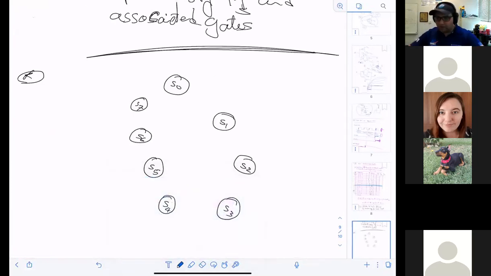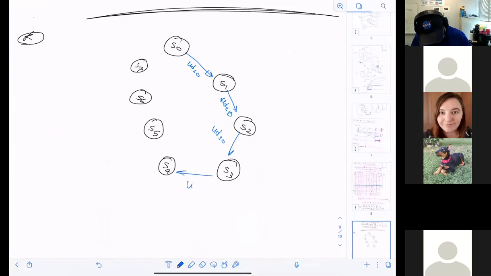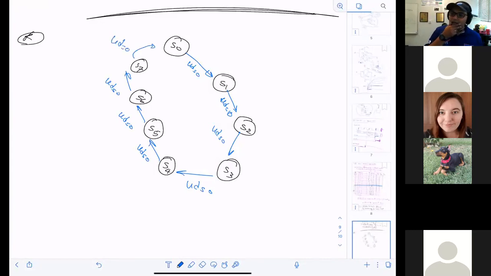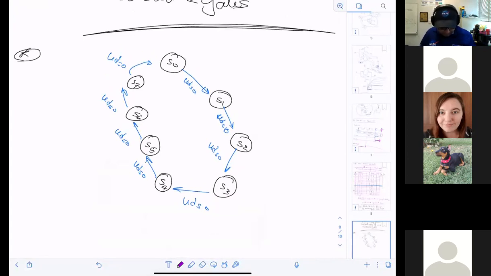Now we're gonna use two different colors. We're gonna make it easy, right? So S0 going to S1 if UD equals what? 0. Now it's gonna be the flipping, right?